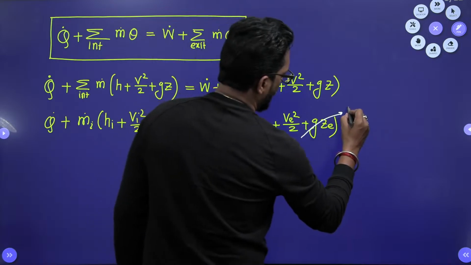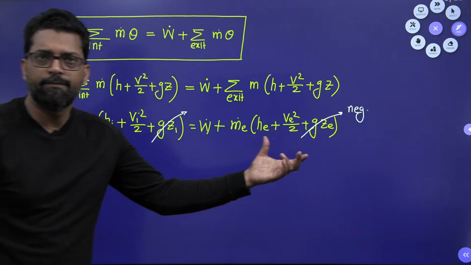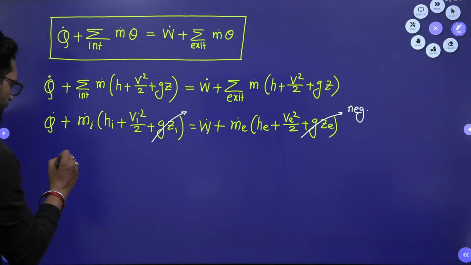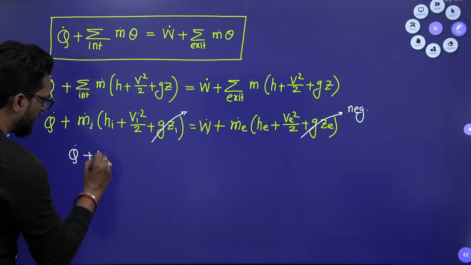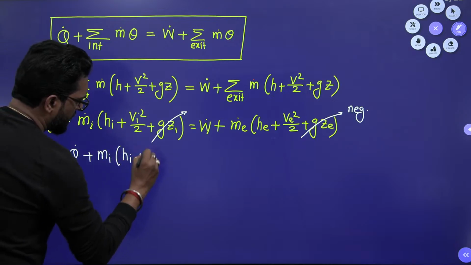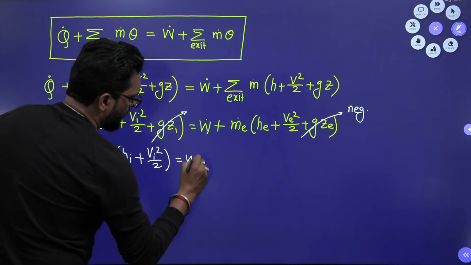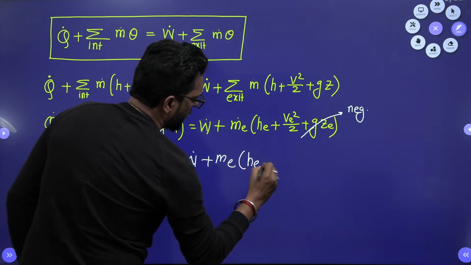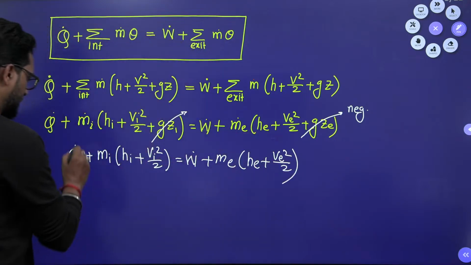This is a strong assumption, but sometimes kinetic energy is there. So what do you write? You write Q dot plus m dot i, h_i plus V_i square by 2 is equal to W dot plus m dot e, h_e plus V_e square by 2. That's it. This is our main equation.